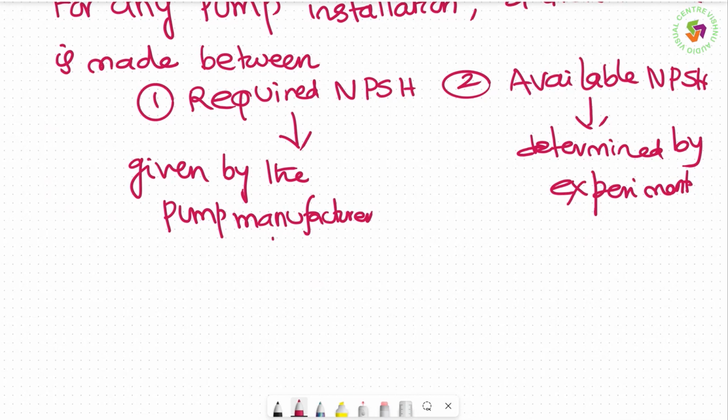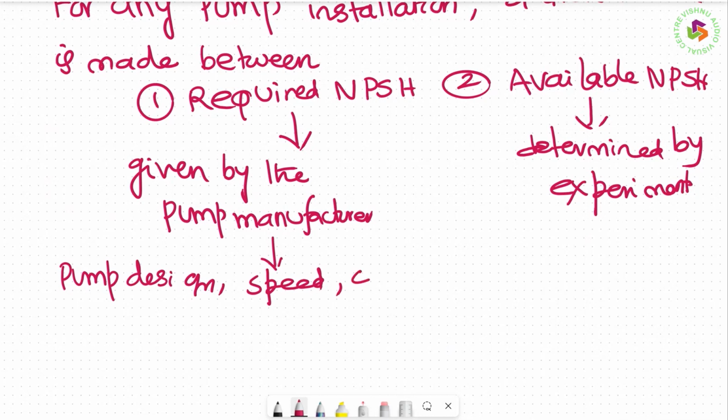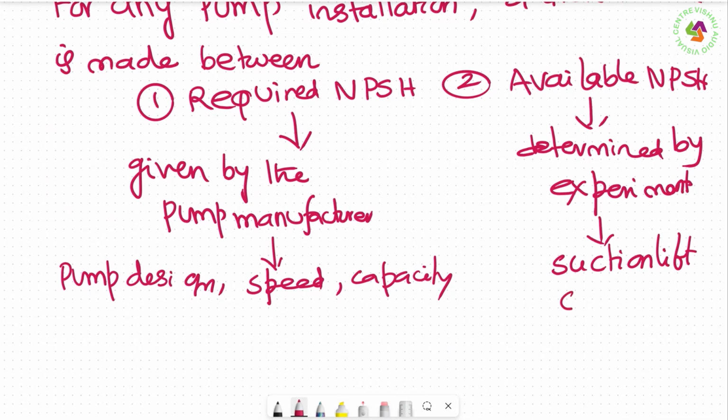It always depends on the pump design: speed, capacity. These three determine the required NPSH, whereas the available NPSH has to be determined based on the suction lift criteria.